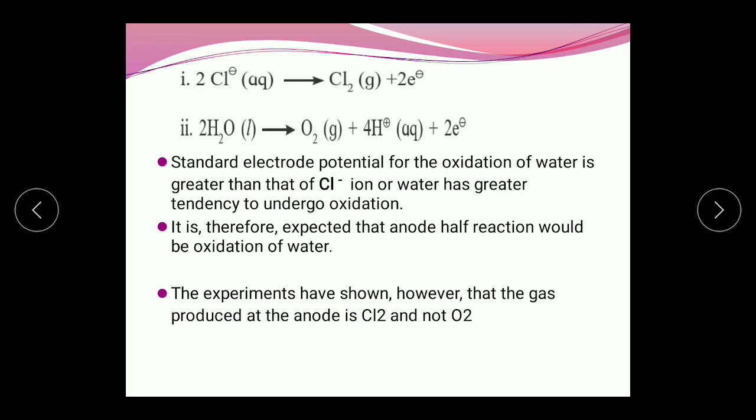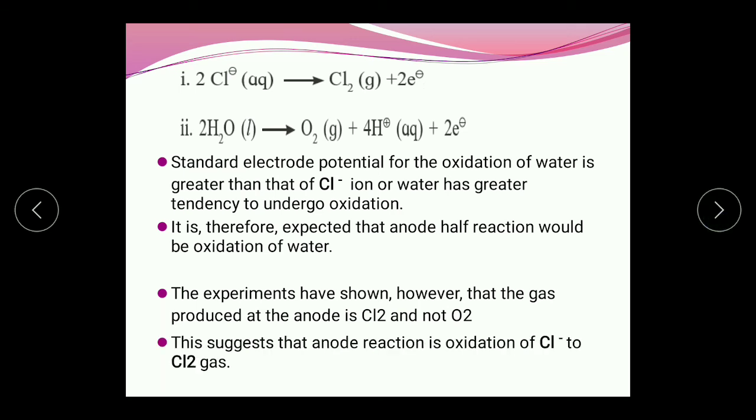That means the tendency of formation of chlorine is more at the anode. So this suggests that the anode reaction is oxidation of Cl minus ion to chlorine gas, because that is the actual observation.